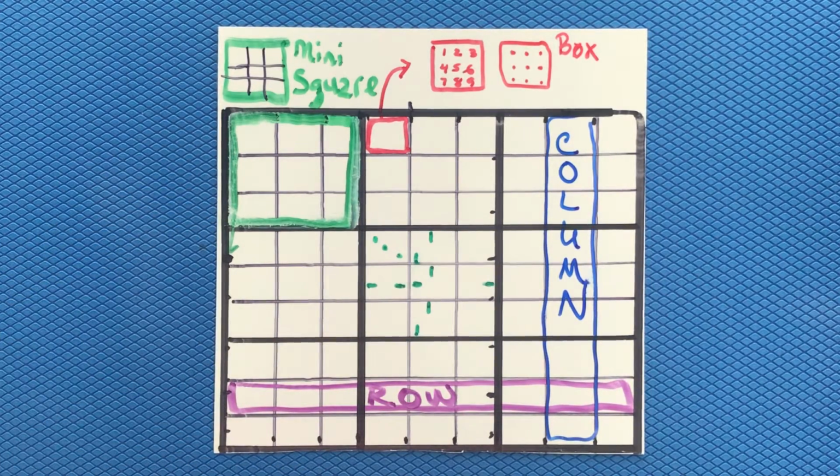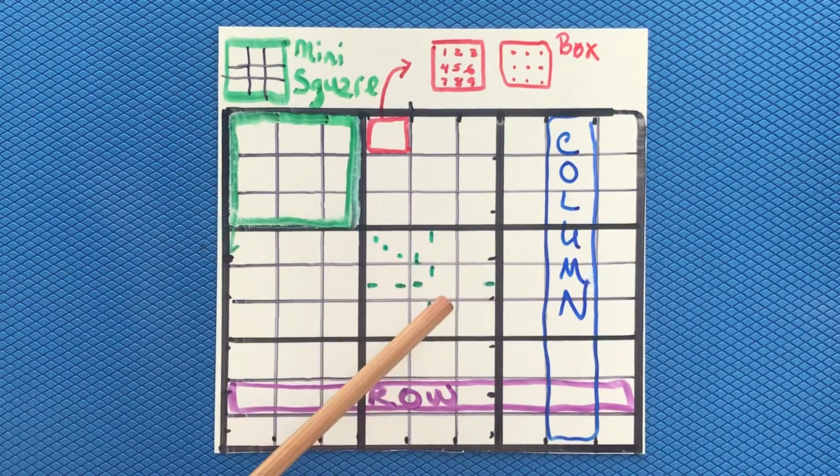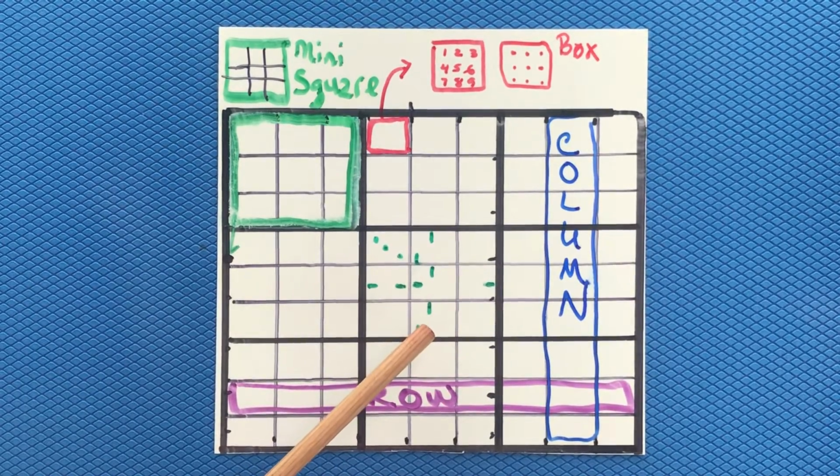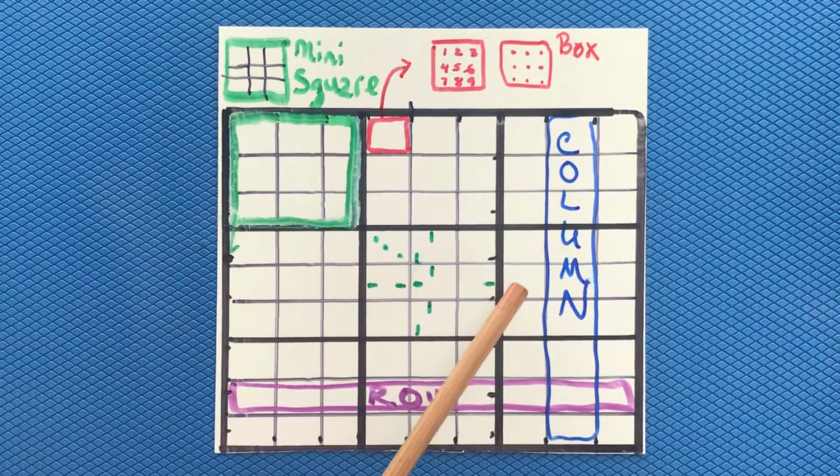Now, dashes. Horizontal dashes indicate that for a row, the number must be in the mini square of the dashes. So here I have some horizontal dashes.